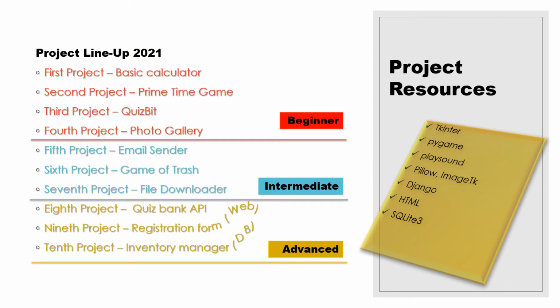Here's the project lineup for the 2020 Python course. Now, the first project is a basic calculator, and you'll be using the Tkinter module for this one. The second project is a primetime game, which is a spin-off from the basic calculator, and it's also math-based, so it'll let you also use the random function.